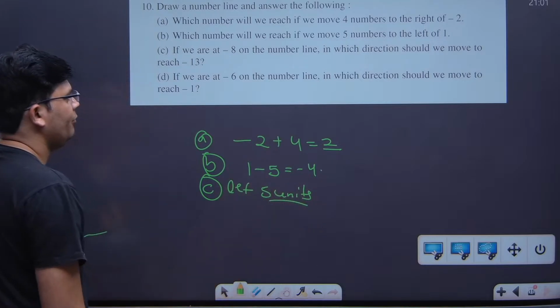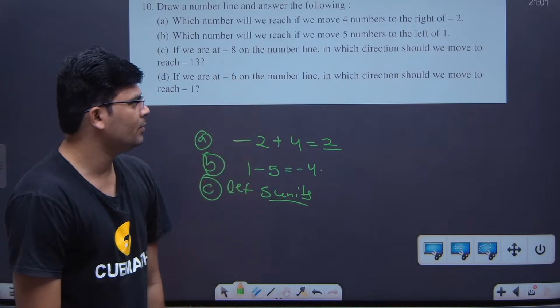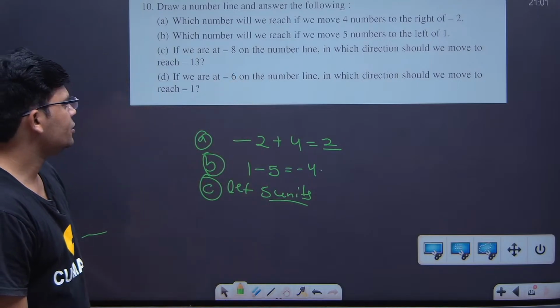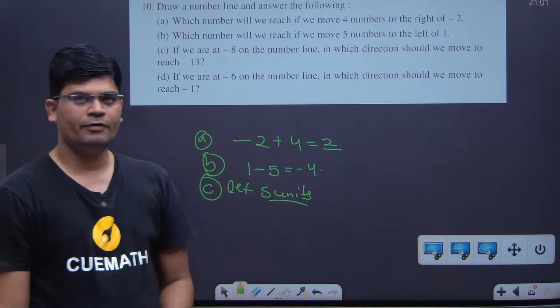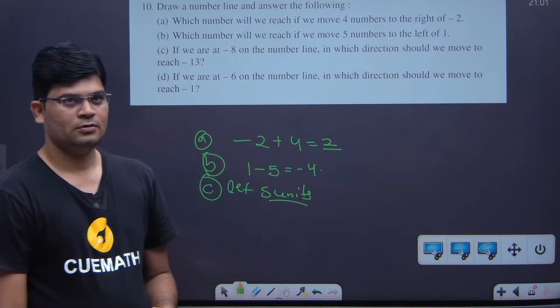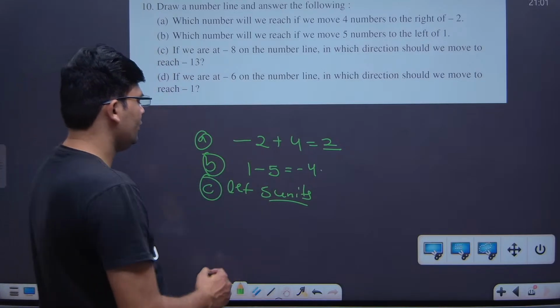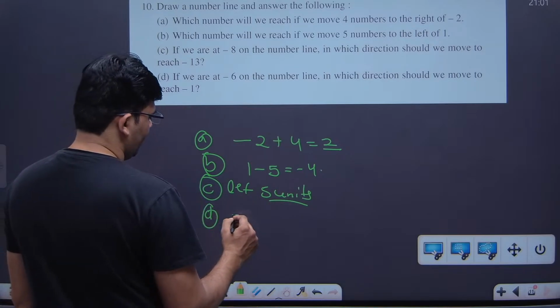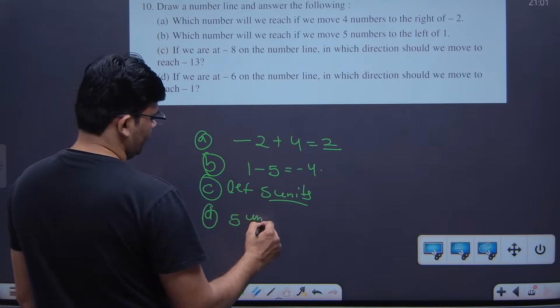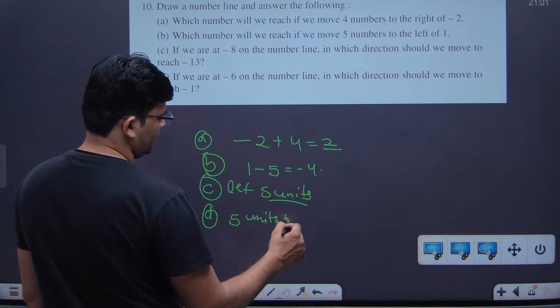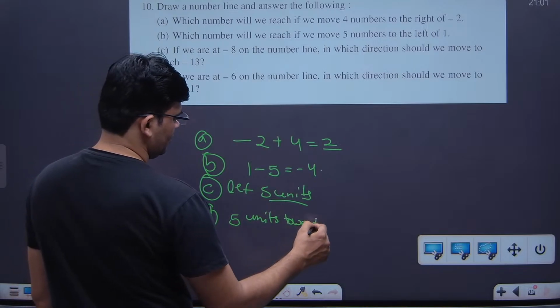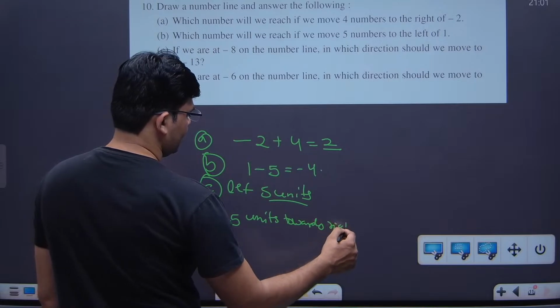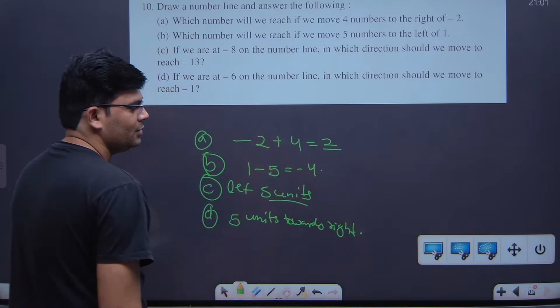If we are at -6 on the number line, in which direction should we move to reach -1? Right. 5. Wonderful. So that means you will write 5 units towards right.